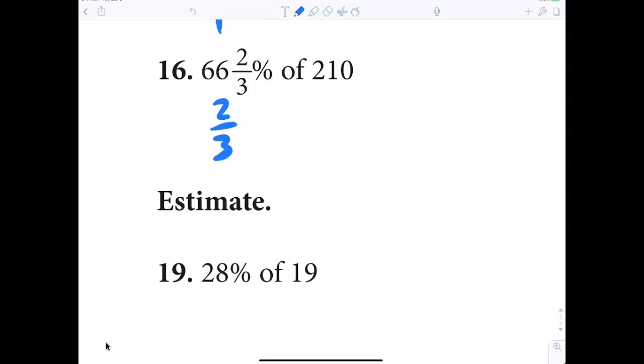So now I need 2/3 of 210. So how do I do that, Tucker? 210 divided by 3 is 70, and then times that by 2, which is 140.